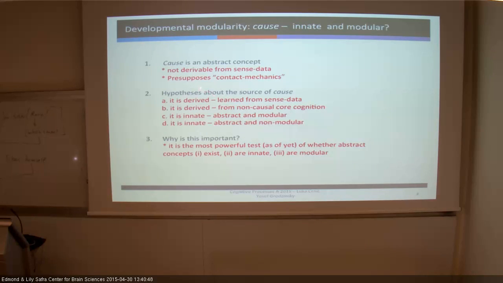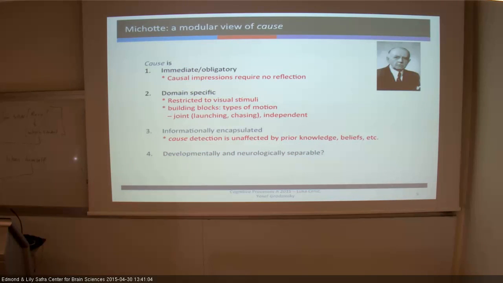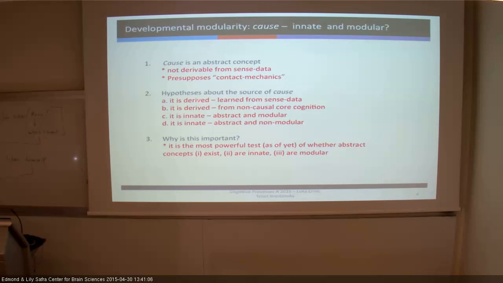The question one might ask is, does it or does it not presuppose contact mechanics? Do you need to assume motion and contact or not? And there are different hypotheses. One possible hypothesis is that it is derived from sense data.